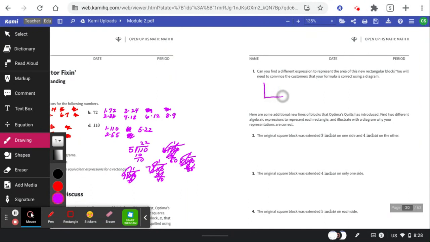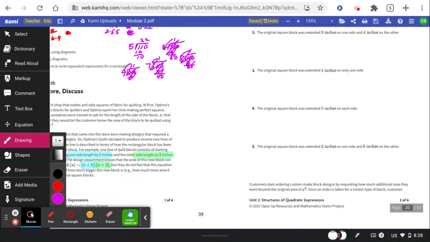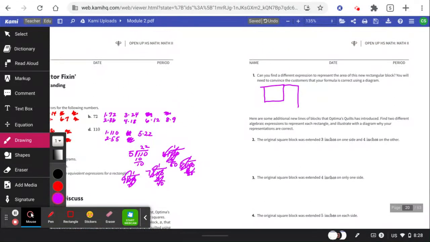So we've got this original square, and one side length is extended by, let's go back and remind ourselves, by 5 and then by 2. So this side is extended by 5.